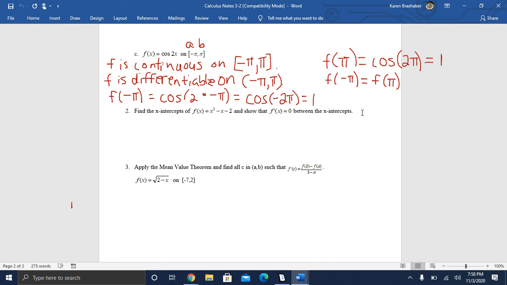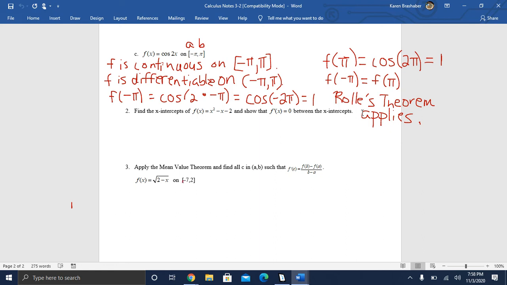Now, all that I have written so far is just the verification that Rolle's theorem applies. I'm not able to write very small, so I'm going to have to carry over into another area to get the rest of this.